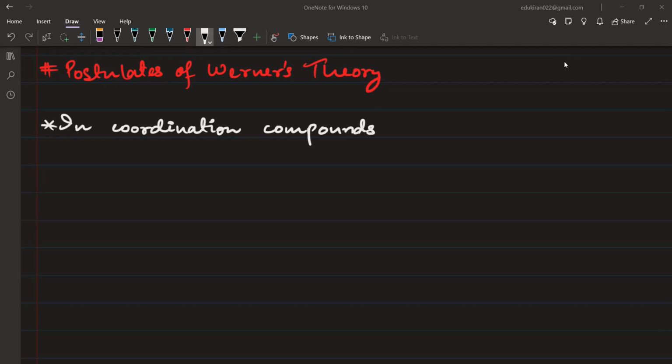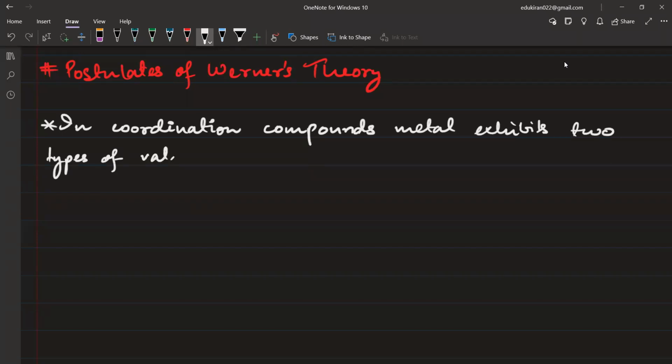In a coordination compound, the metal exhibits two types of valency.